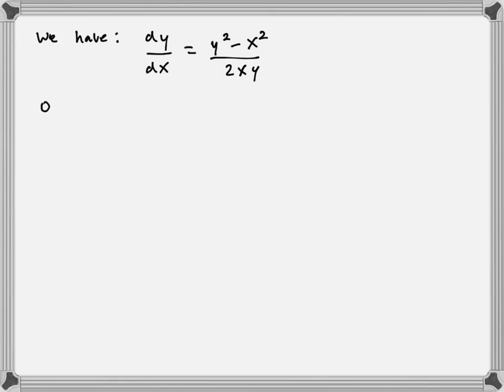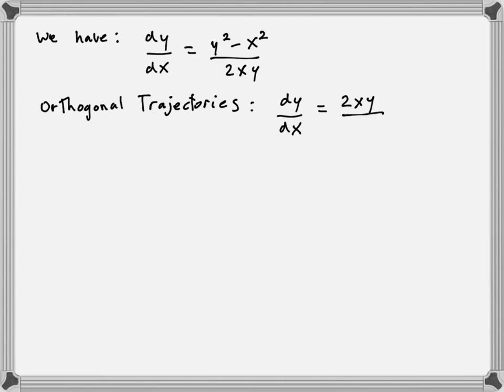So what would the orthogonal trajectories be? The orthogonal trajectories are going to be the negative reciprocal of those terms. And so this is where we get, if you multiply that guy by negative and do the reciprocal, we end up with 2xy over x squared minus y squared.